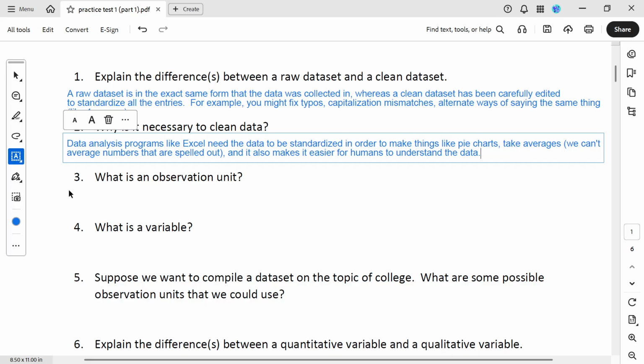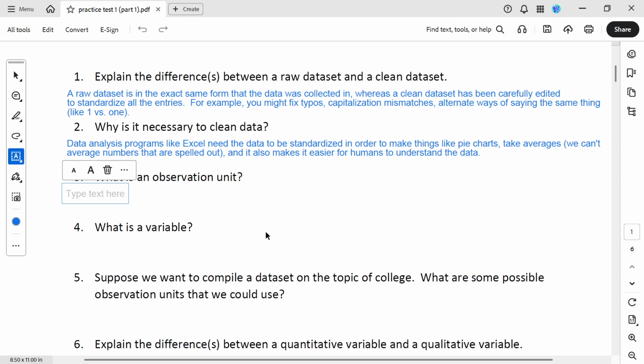Okay, what is an observation unit? This is probably the number one most confusing thing that's going to be missed on this test. There's actually a number of different words for this, but the one I have used is observation unit. This is something that you're going to take measurements from. It's not the measurements themselves, it's not the units of the measurement, it is the thing that you are actually getting those measurements from.